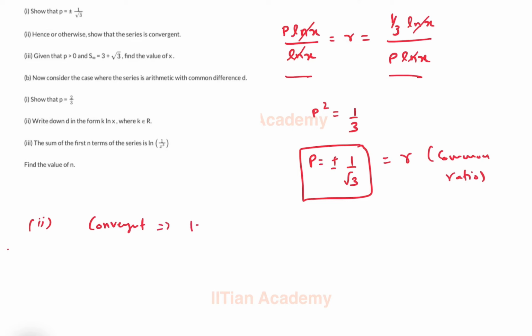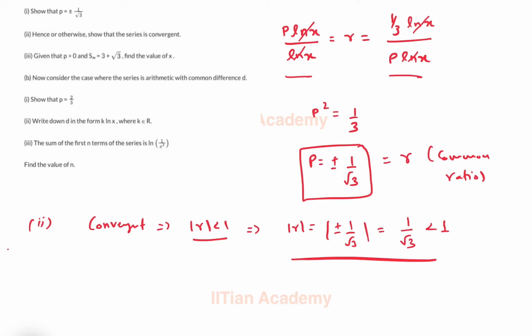Any geometric progression converges only when the modulus of r is less than 1. So let us identify the modulus in our case. In our case, the modulus is modulus of plus minus 1 by root 3, which is 1 by root 3, and this is less than 1. Hence we can say the series will be convergent.